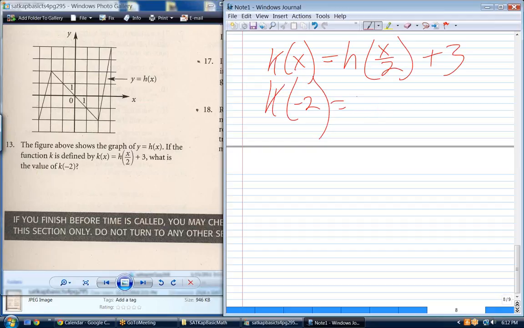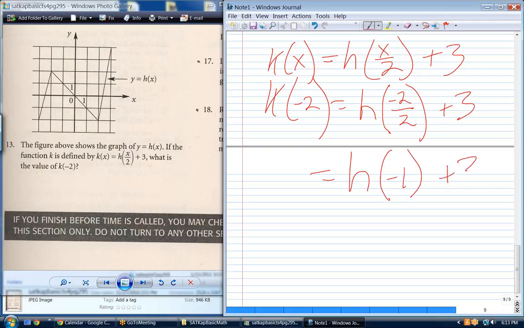It would be h times, not minus, times 2 over 2. Yeah, it's not times, incidentally. It's of. We're not multiplying these two things here. We're merely talking about a function. So it would be h of minus 2 over 2 plus 3, which is the same as h of negative 1 plus 3. Well, if we want to know what h of negative 1 is from the chart, what is it?